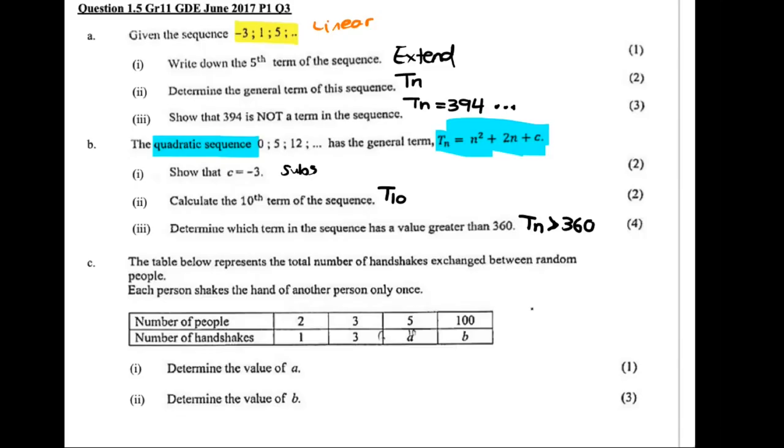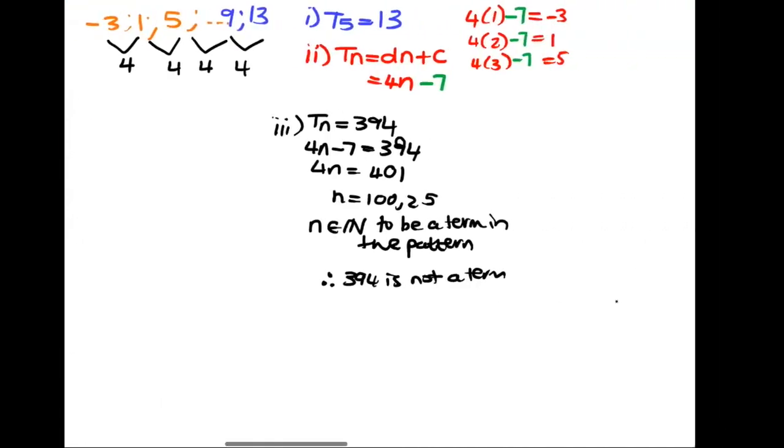All right. So let's answer our question. We are looking at 1.5b. They give us this pattern, 0, 5, 12. They tell us this has a formula, Tn equals n squared plus 2n plus c.